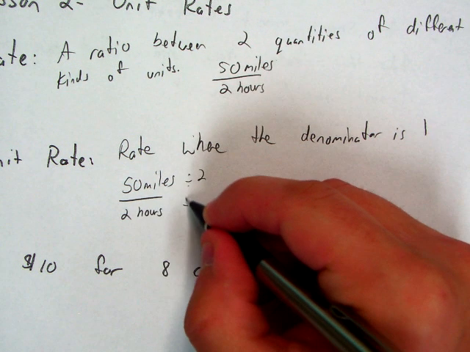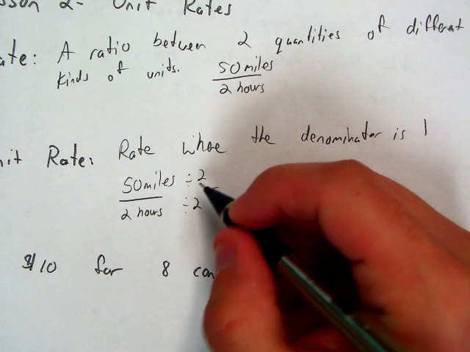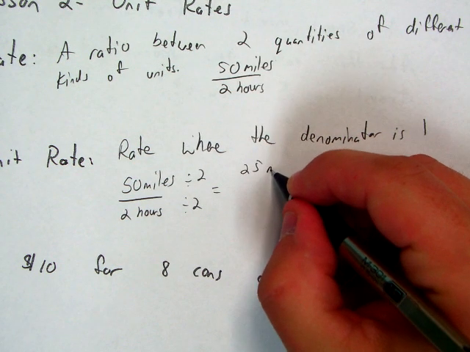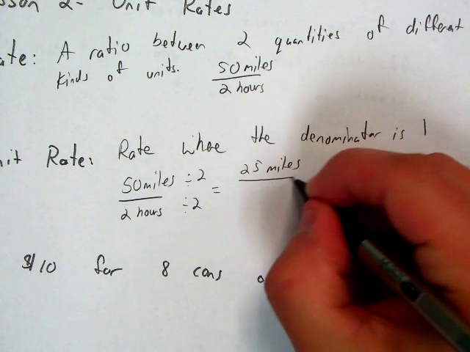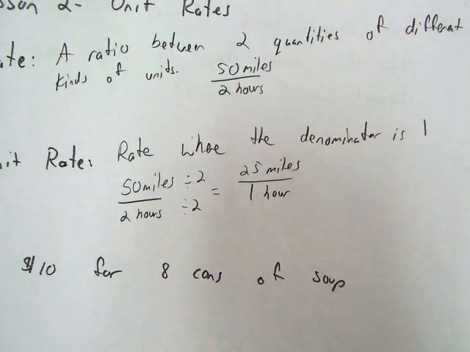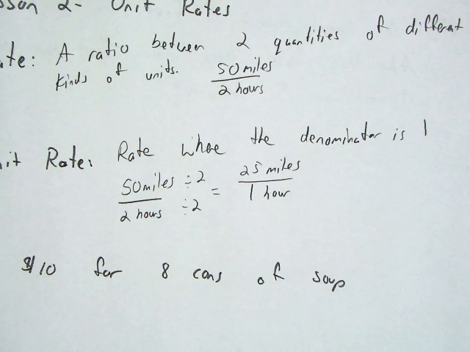So the denominator is 2, so I divide the numerator by 2, so 50 miles divided by 2 is 25 miles. 2 hours divided by 2 is 1 hour. So a unit rate is the same thing as a rate, but the denominator is 1. It'll always be 1 if it is a unit rate.